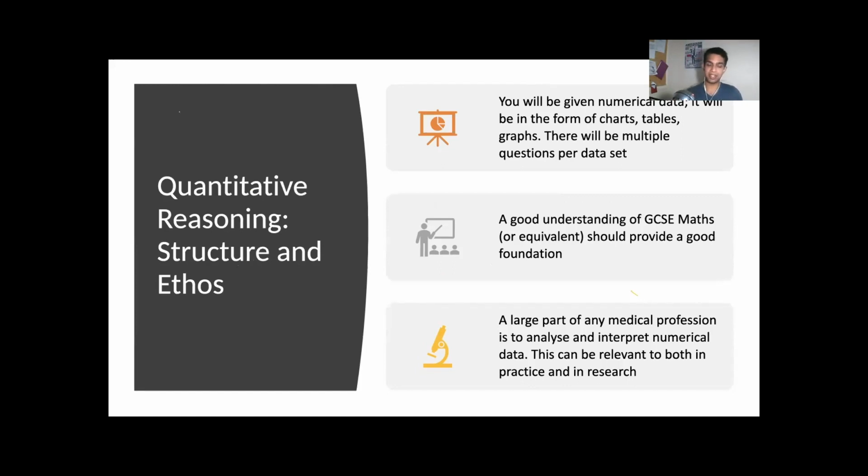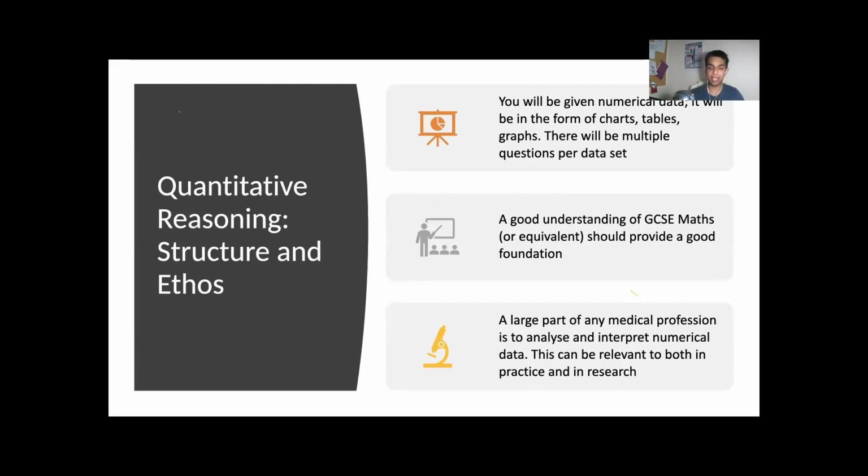Moving on to quantitative reasoning, I believe one of the most sought after sections. It's very similar to decision making, but it's very mathematical in nature. You'll be given numerical data, charts, tables, graphs. You'll be given multiple questions per data set.